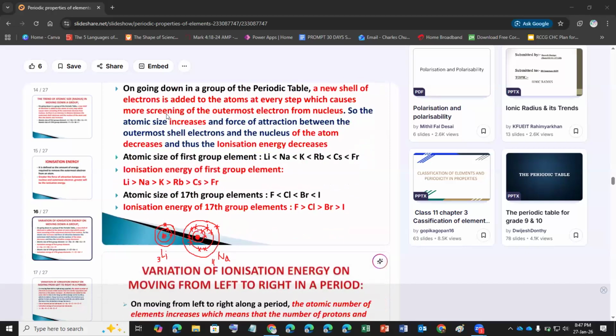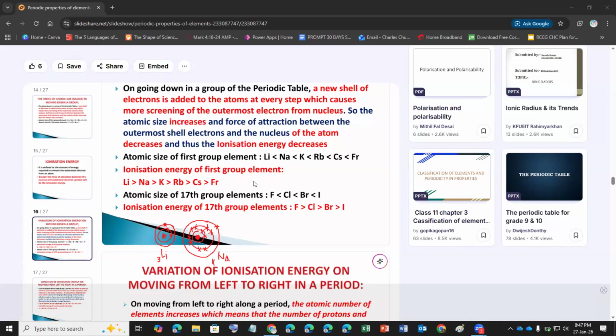Which causes more screening of the outermost electron from the nucleus. In other words, they are saying that the outermost electron is farther away. That's another way of saying it. So the atomic size increases and the force of attraction between the outermost shell electrons and the nucleus of the atom decreases. Thus, the ionization energy decreases. Okay, so once you understand this basic concept of atomic size, you can use it to explain anything when it comes to trends.